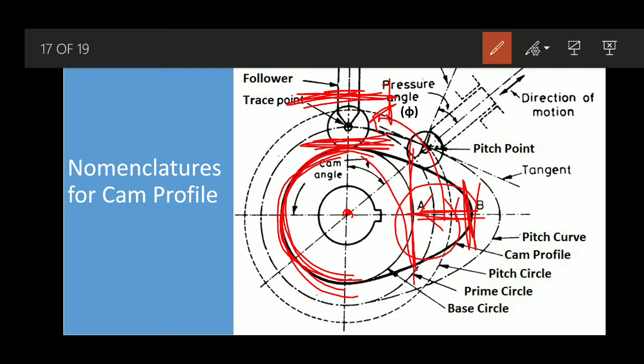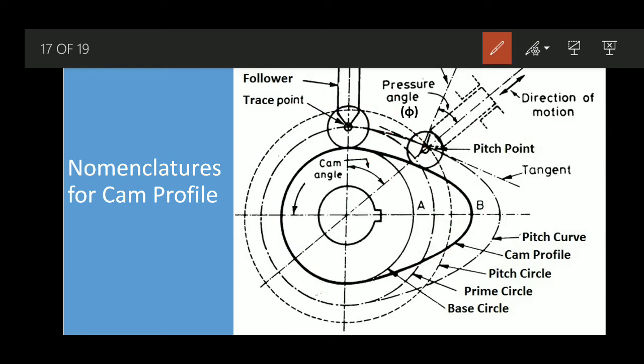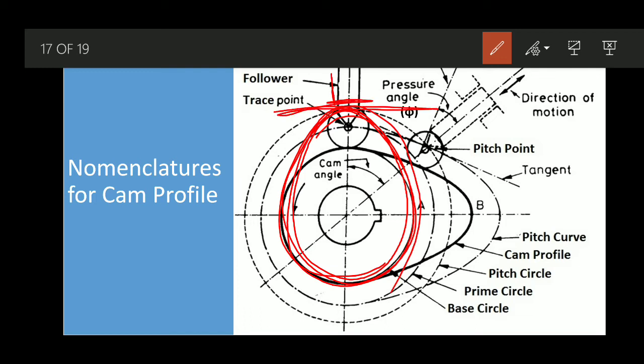The lowest position of the follower corresponds to this, and this is the highest position of the follower, because during the course of its action it is going to assume this position as well. In that case, this will be the highest position.